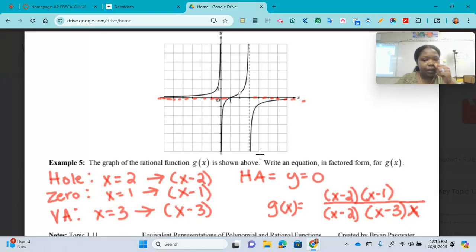All right. And there's one more thing on this one because it's supposed to be a negative rational function.